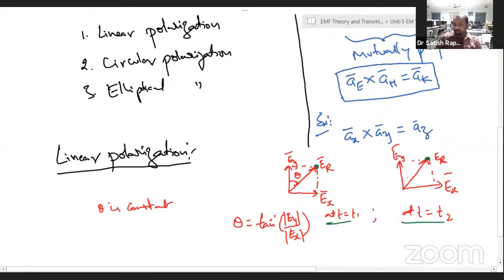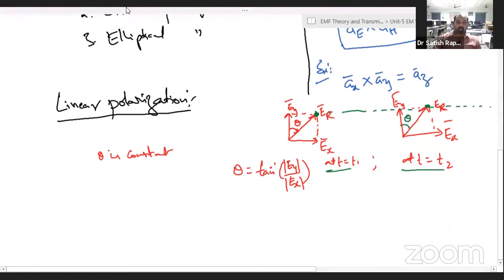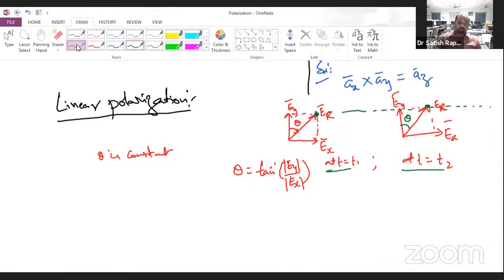So therefore theta remains same, theta is constant. So therefore the variation of electric field is linear. It is a straight line. If you join all the locus points of electric field, you will get a straight line. So that is called as linear polarization.